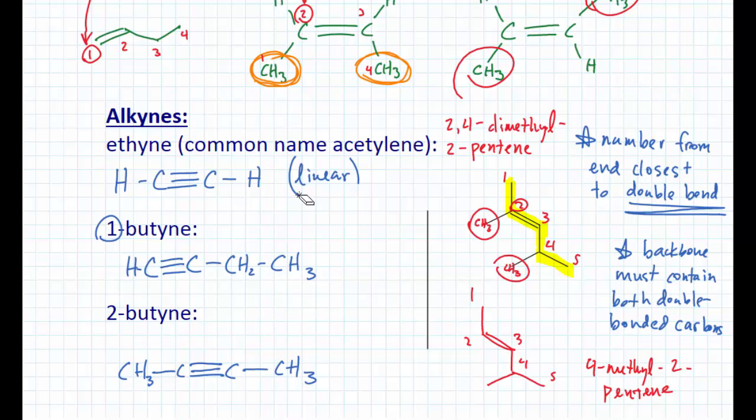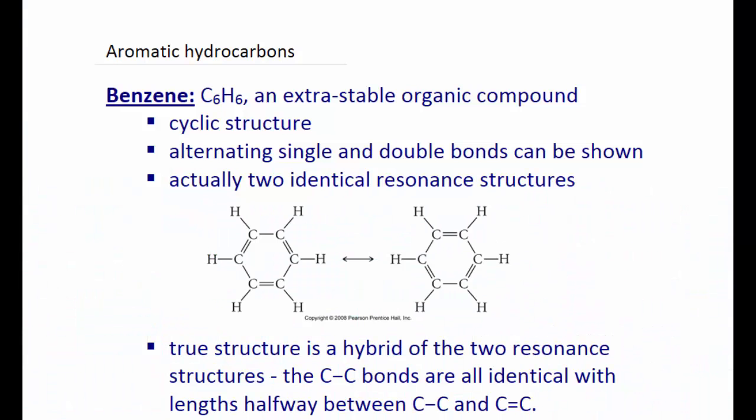There are rules of thumb for naming all kinds of things like that. All we need to focus on is just a simple 1 double bond or 1 triple bond, okay? But it could have as many branches as we need.